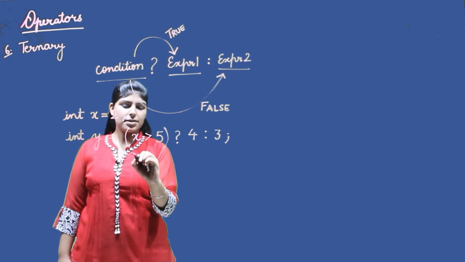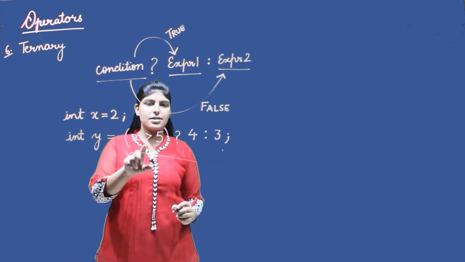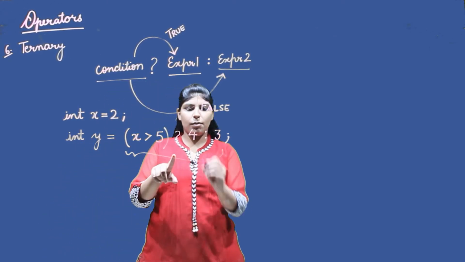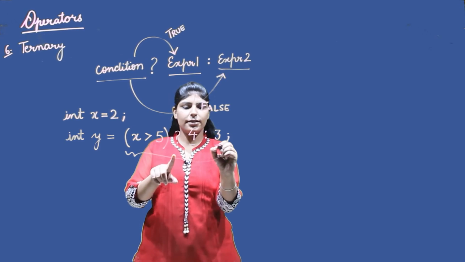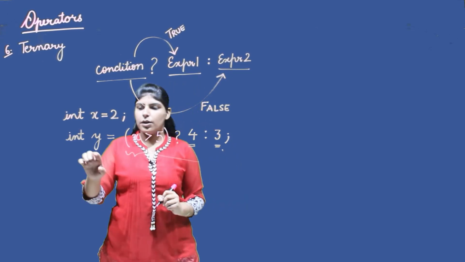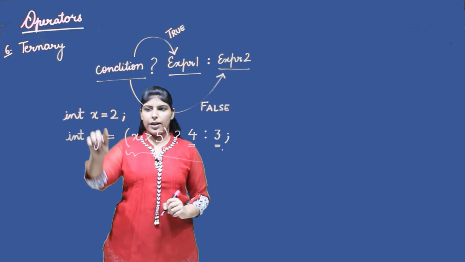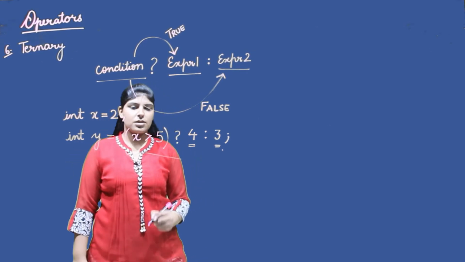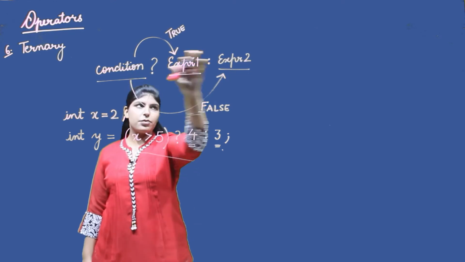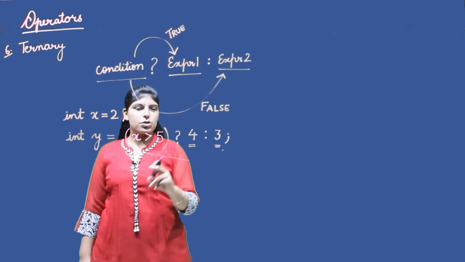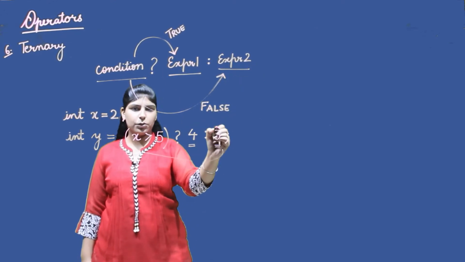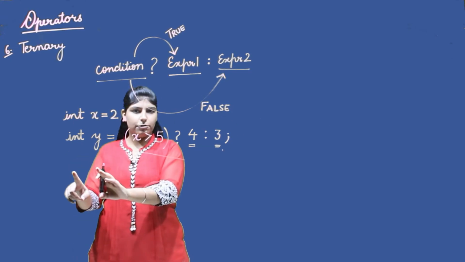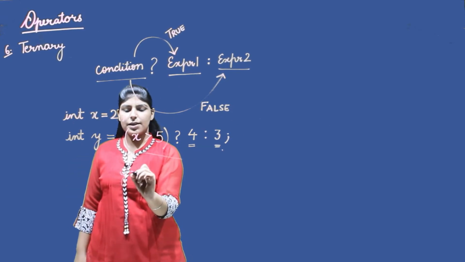So this part is ternary operator. This is the condition. Then we have question mark. This is expression 1. This is expression 2. Now first we check the condition. X value is 2. X greater than 5 becomes false. So whenever the condition is false, we move to expression 2. So in expression 2 we find the value 3. So to left hand side y, the value 3 is assigned.